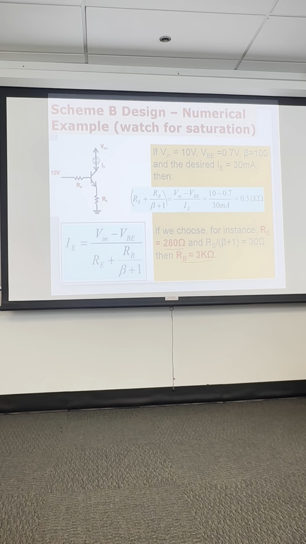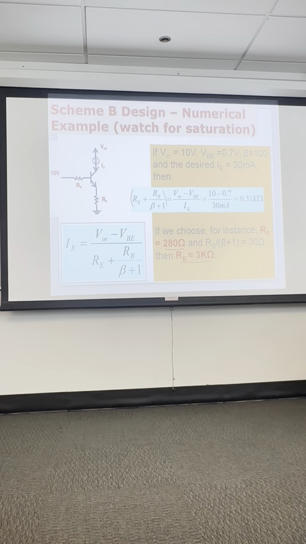You only have 30 ohm change in the emitter resistor. The problem is the base resistor has dropped from 6K to 3K ohm.